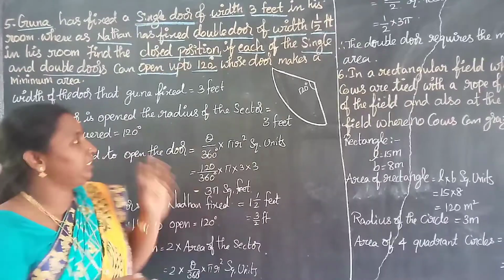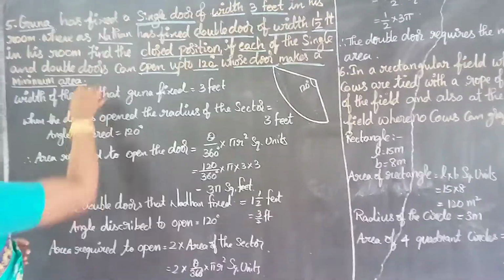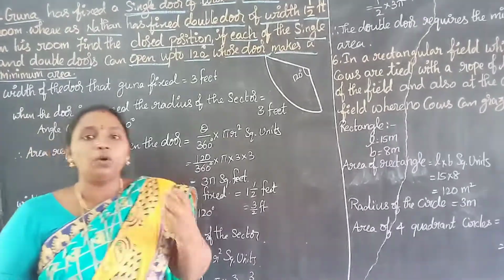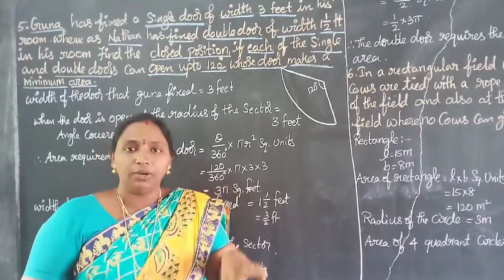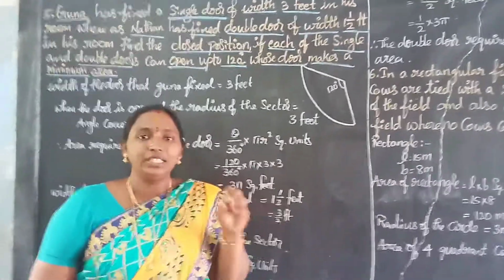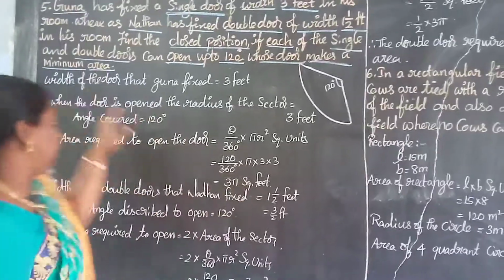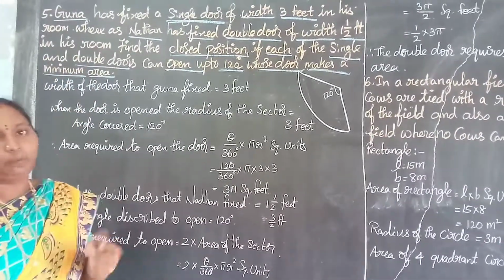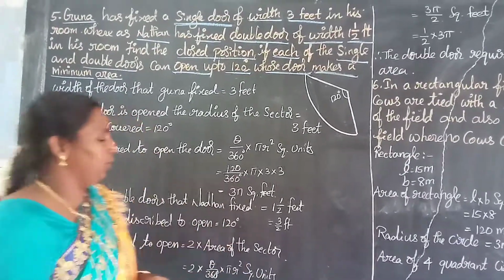They ask whose door makes a minimum area. So first we are going to find how much area is covered by the single door and how much area is covered by the double door, which is minimum, which door occupies the less area. We are going to find.